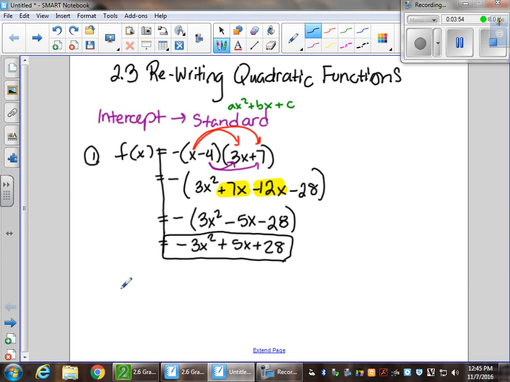Number two, f of x equals 1/2 times x minus 8 times 2x minus 9.